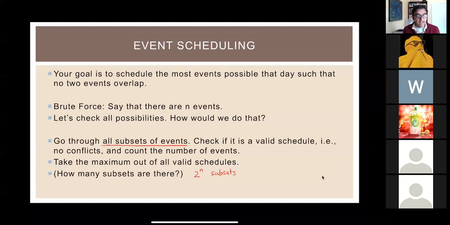We go through all of them and then pick the biggest subset that is actually viable. So is that a correct algorithm? Yes. Is it a good algorithm? Not very appealing, because it is exponential time.